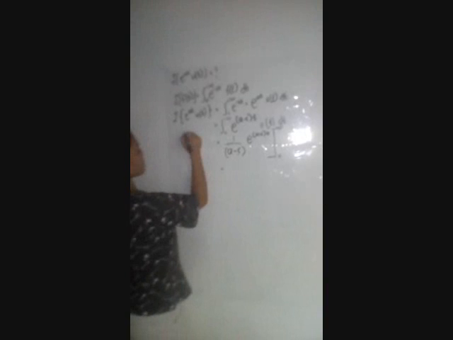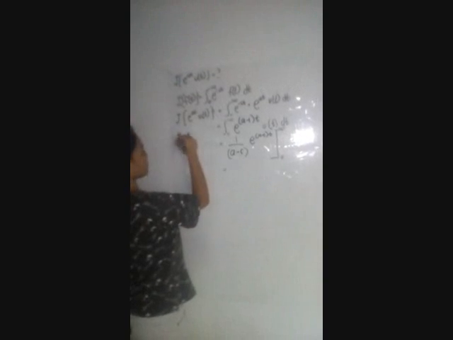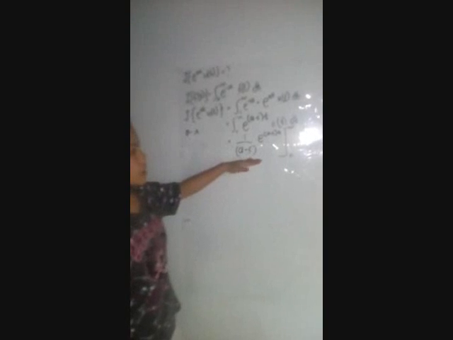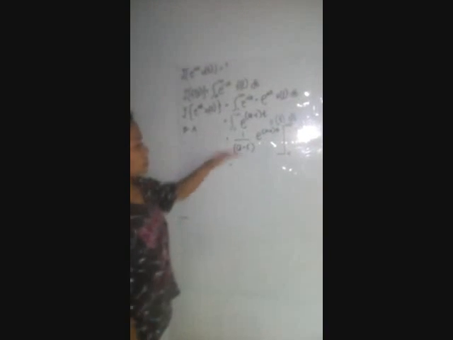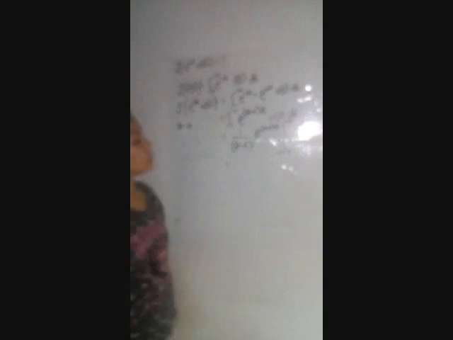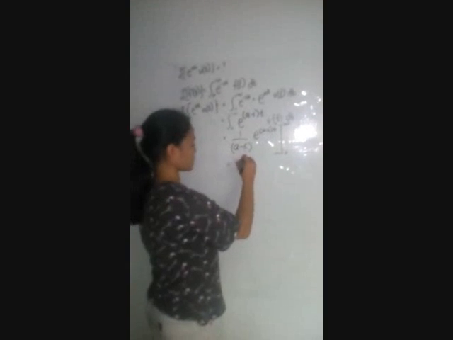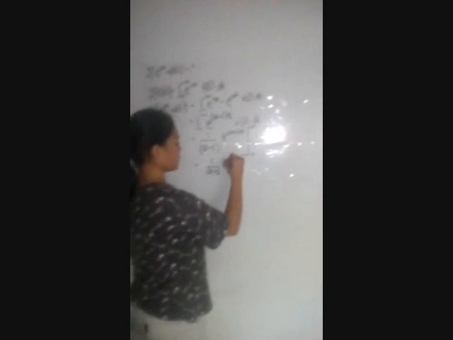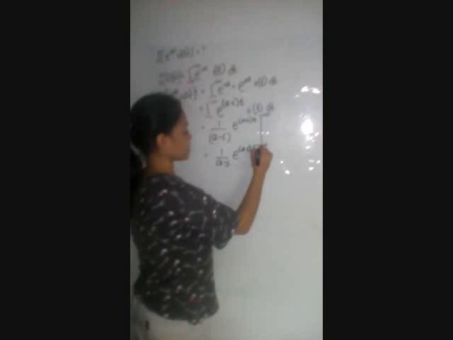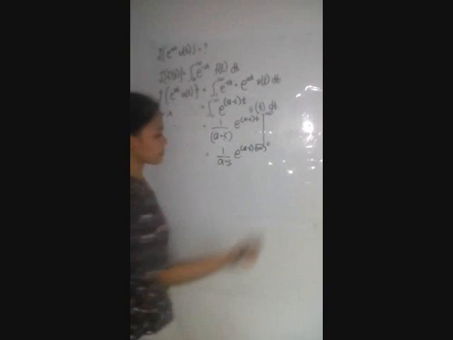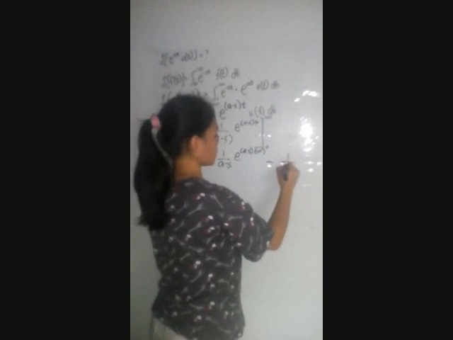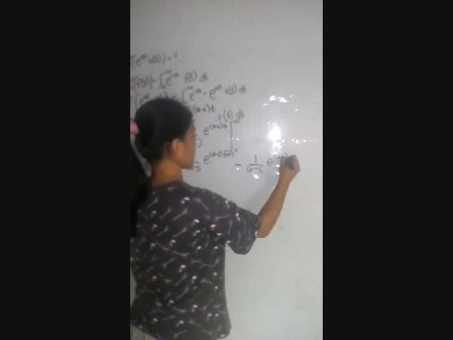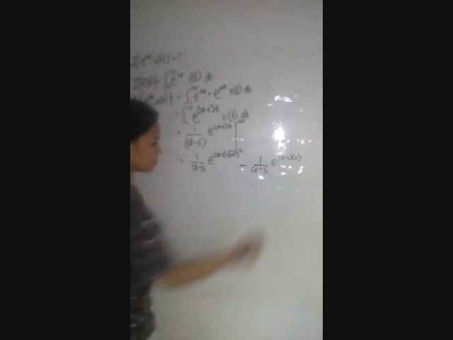To get this, we will be using b minus a, where b is the value of the equation at infinity, and a is the value at 0. So let us substitute: 1 over (a minus s) e raised to (a minus s) times positive infinity, minus 1 over (a minus s) e raised to (a minus s) times 0.